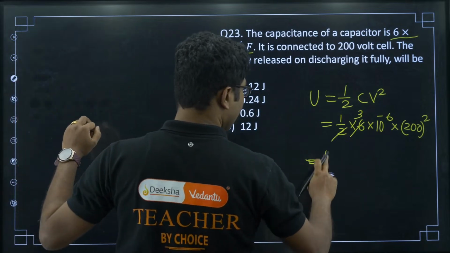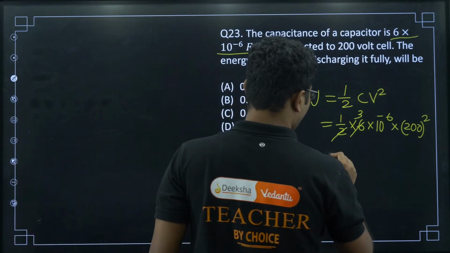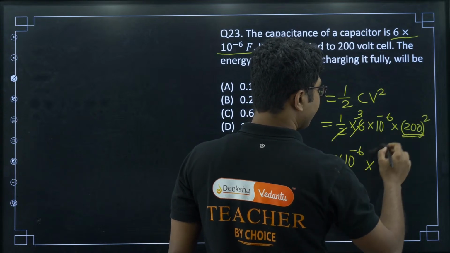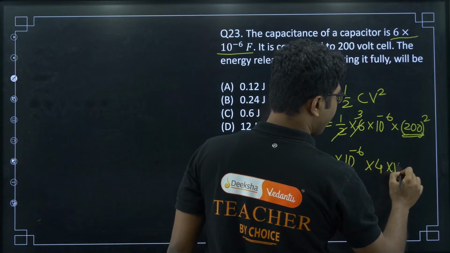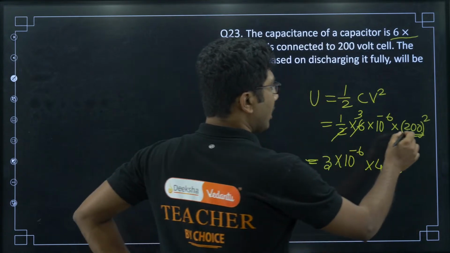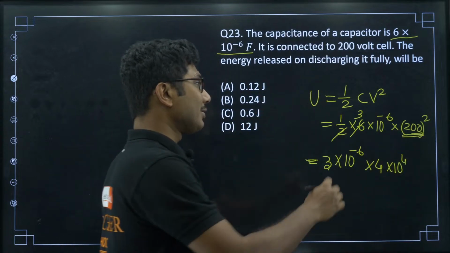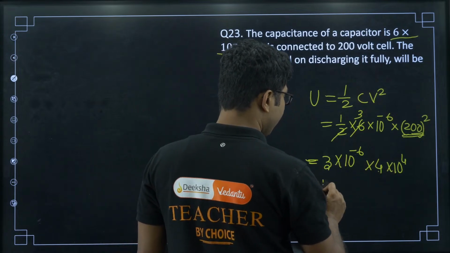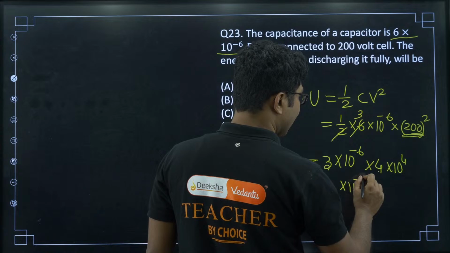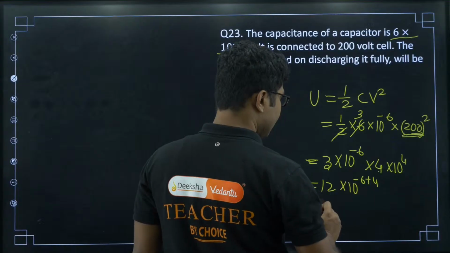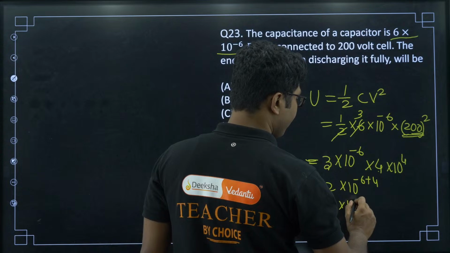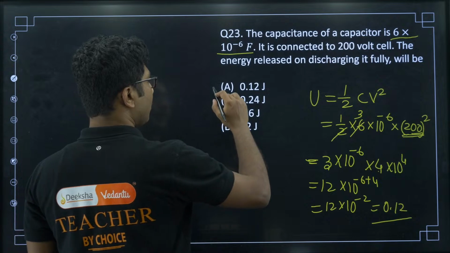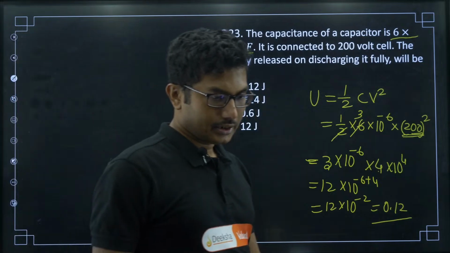So, it will be 3 times 10 to the power of minus 6 into 200 square, which is 4 into 10 to the power of plus 4. 2 zeros means 10 square, and 10 square whole square is 10 to the power of 4. So, 3 4s are 12 into 10 to the power of minus 6 plus 4, that is 12 into 10 to the power of minus 2, that is 0.12. So, 0.12 joule is the correct answer, right.